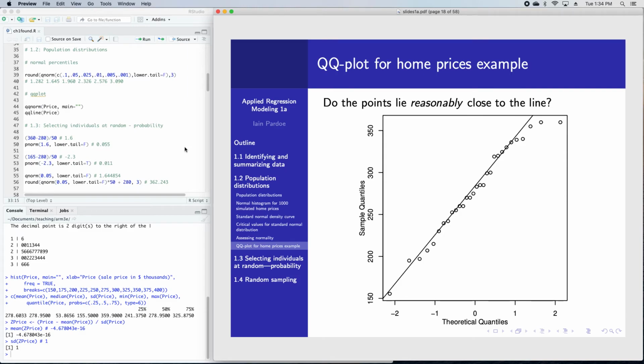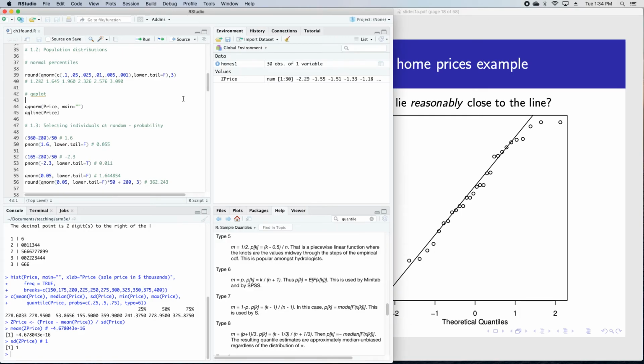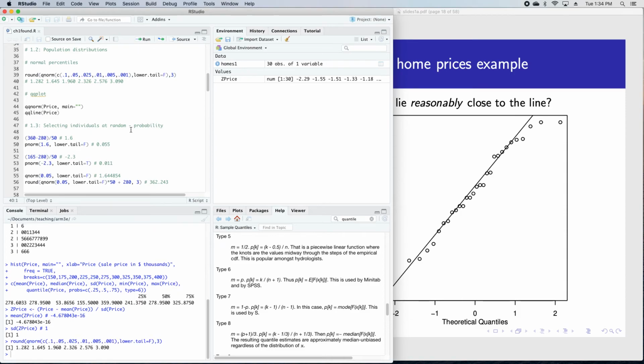So we can do this in R. I'll show you how to do all of this in R. We talked about the critical values and the probabilities in the normal table. Here's a way of getting those numbers: you use the qnorm function.